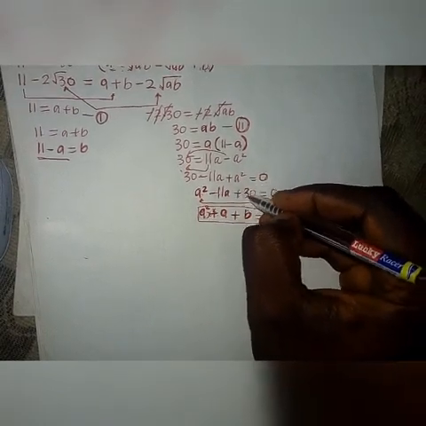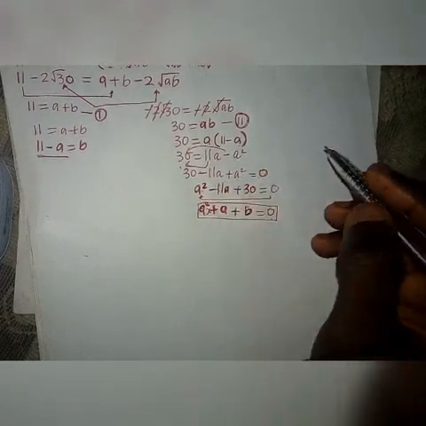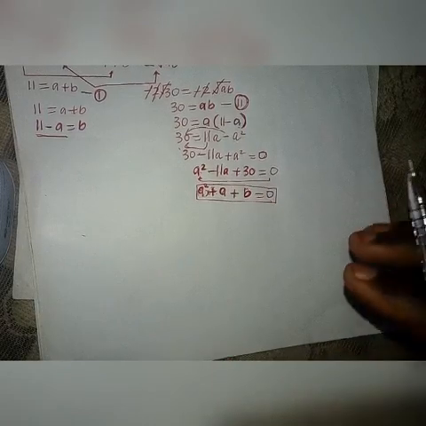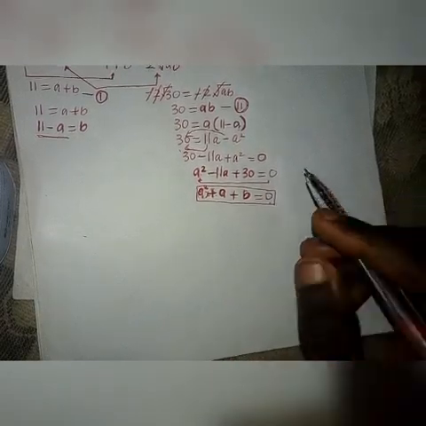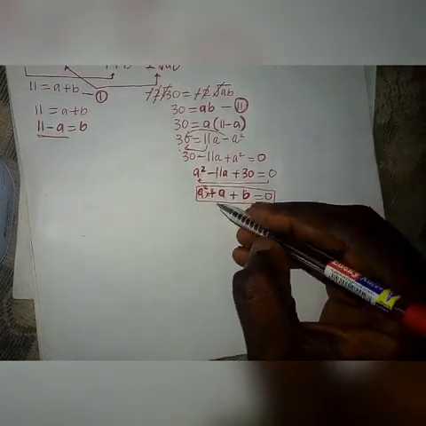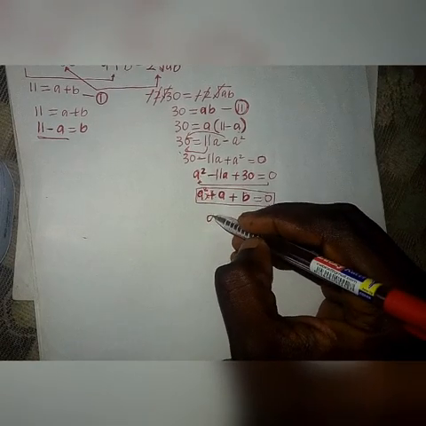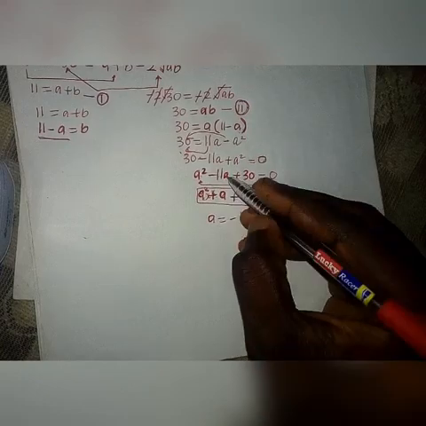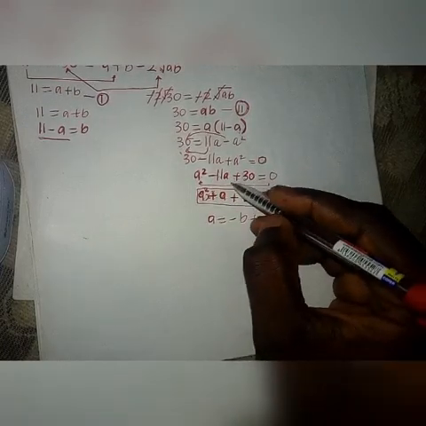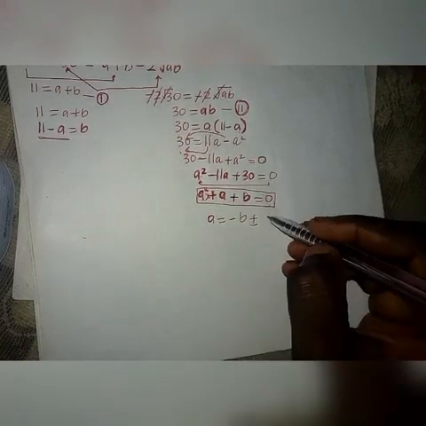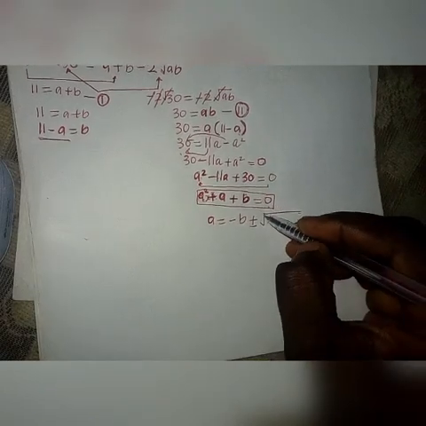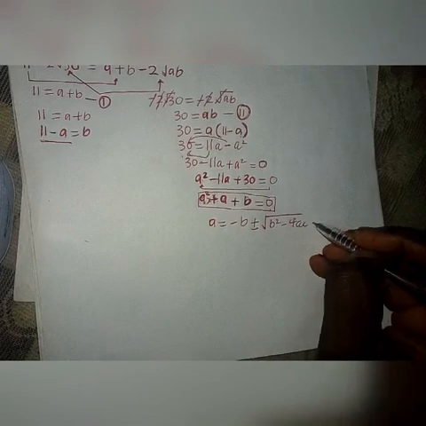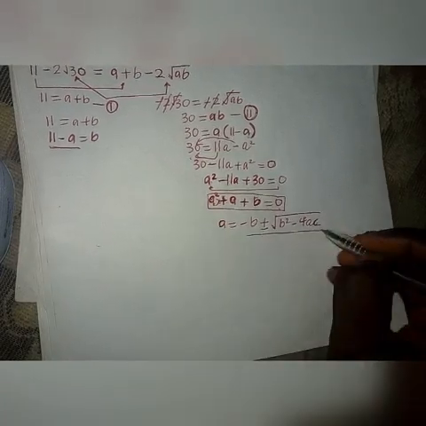So if you want to solve quadratic equations, you can use the quadratic formula to solve it, which is a will be equal to minus b plus or minus the square root of b square minus 4ac, all over 2a.